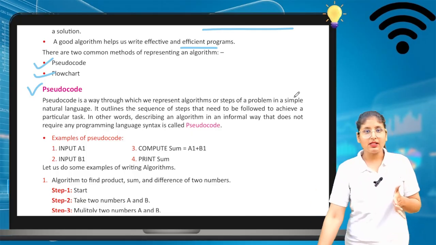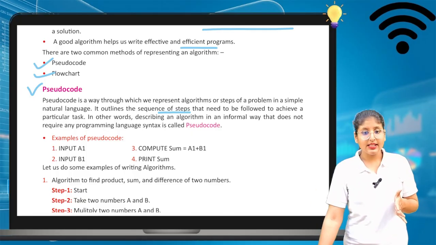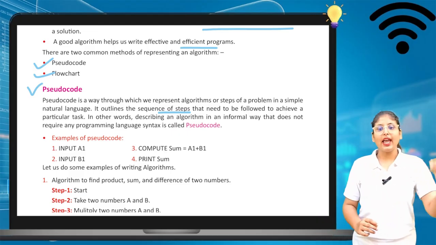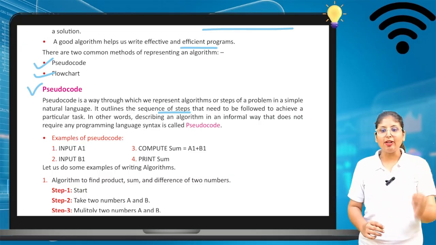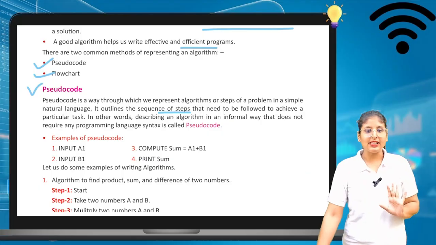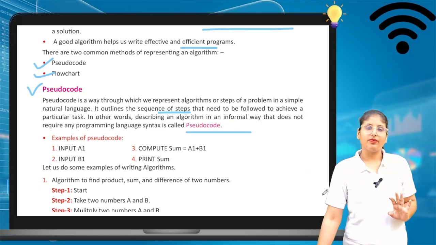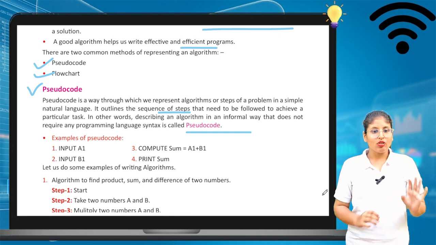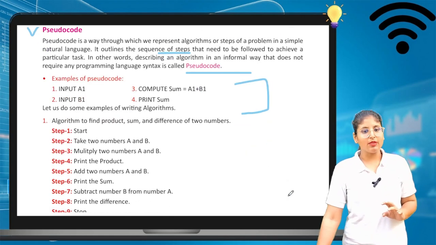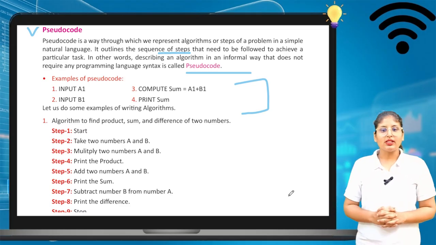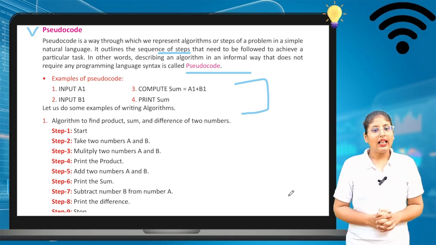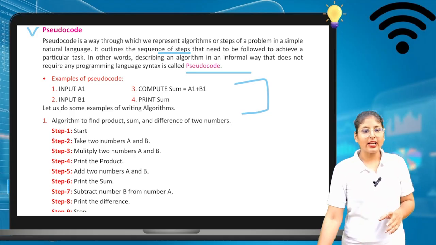In other words, describing an algorithm in an informal way that does not require any programming language syntax is known as pseudocode. For example: input A1, input B1, compute sum equal to A1 plus B1, print sum. Let us do some examples of writing algorithms.